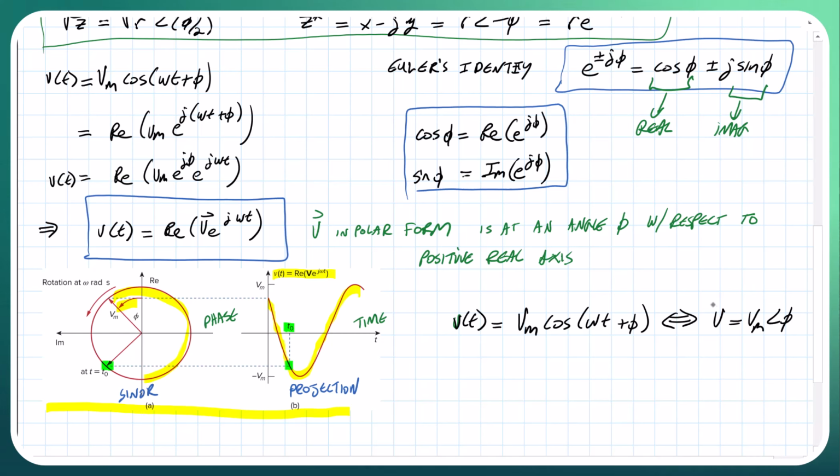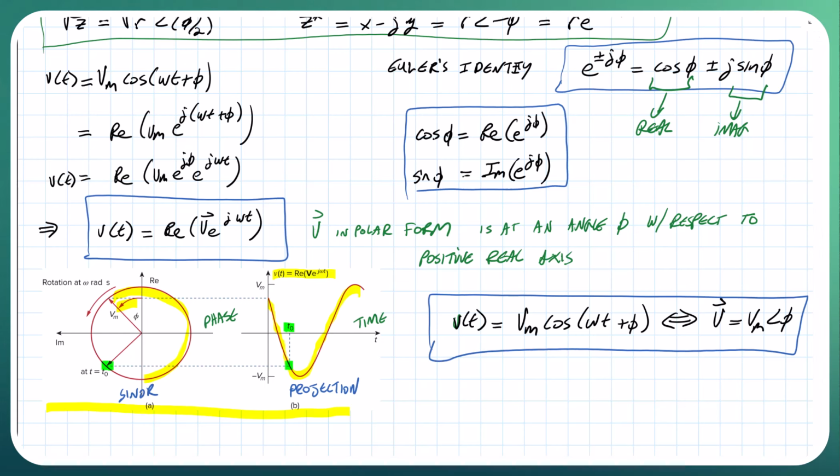This is a vector, and this is essentially what the phasor is. The first is our time domain representation, and the second is our phasor domain representation.